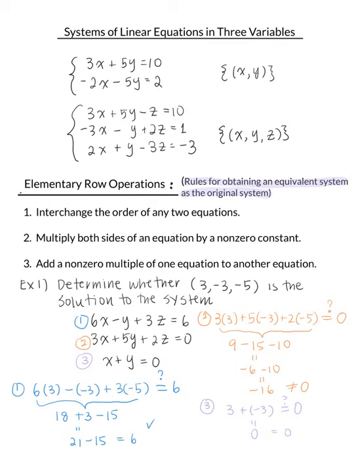Let me just write that out somewhere. I'm running out of room. So therefore, no, (3, negative 3, negative 5) is not the solution. All right, so here's our answer.